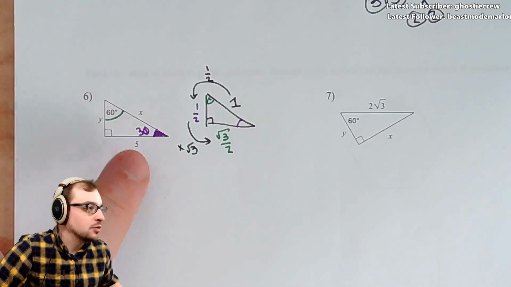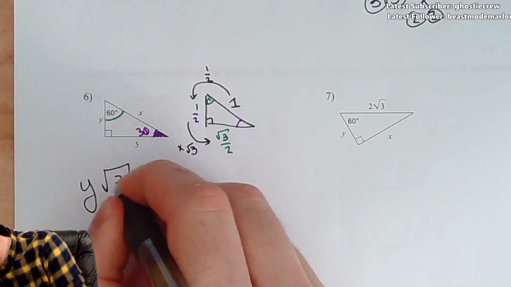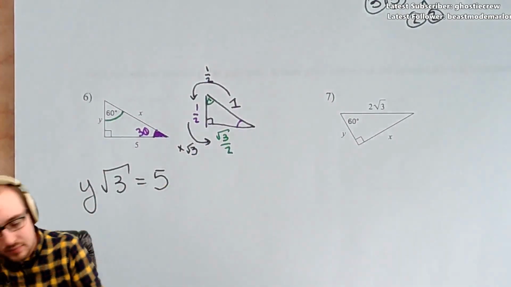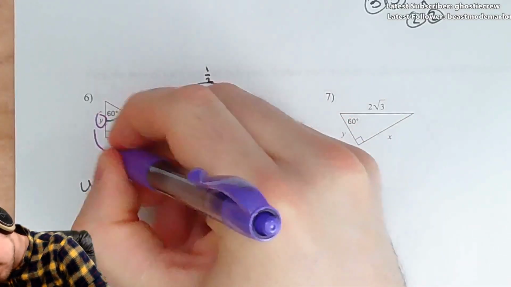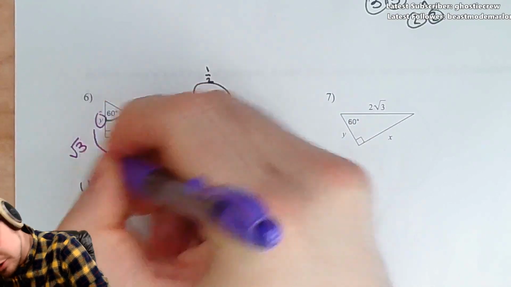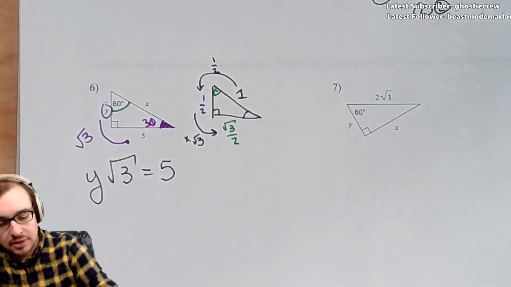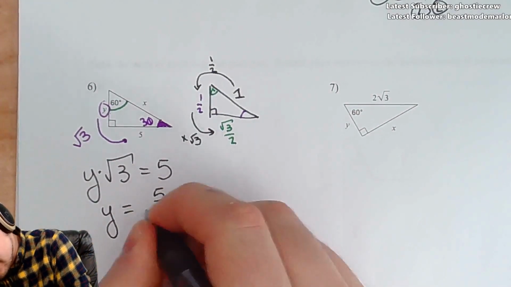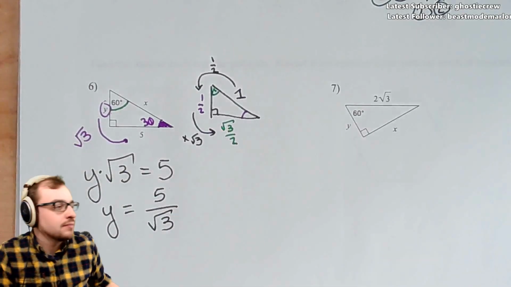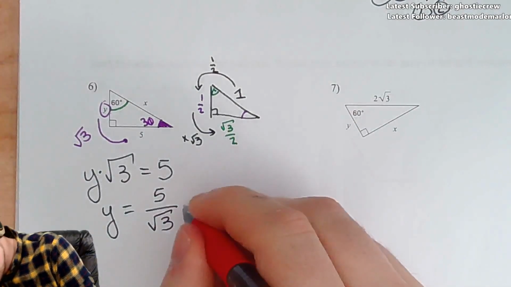And then this is times root 3. So y times root 3 should get us 5. Right? Whatever's here, when you times it by root 3, should get us 5. So now I'm going to solve. That's y times root 3. I get y equals 5 divided by root 3. Well, we want to deradicalize the denominator.